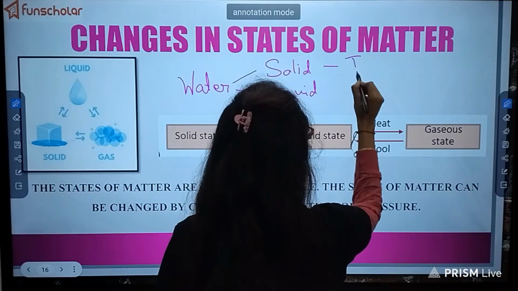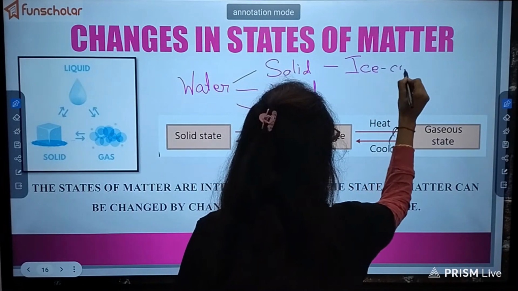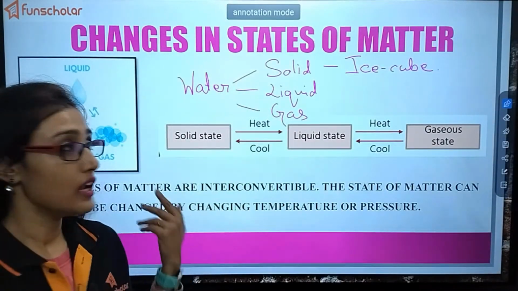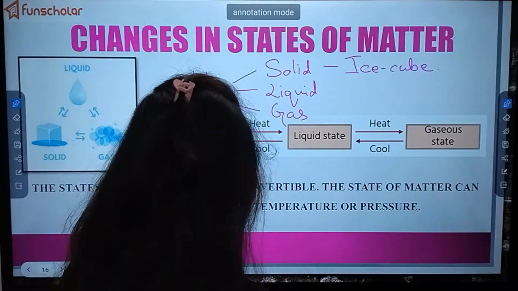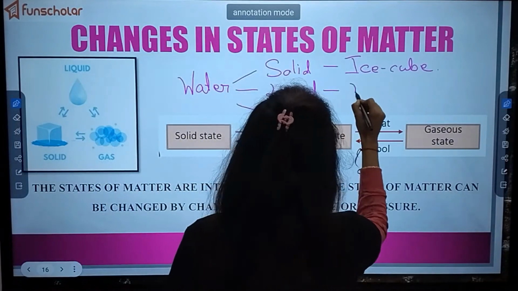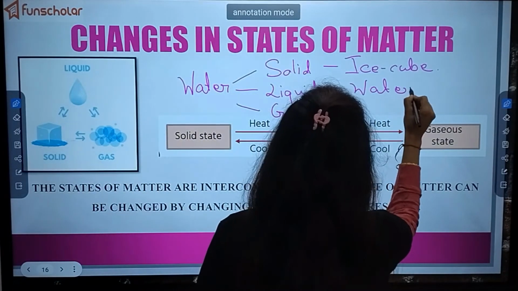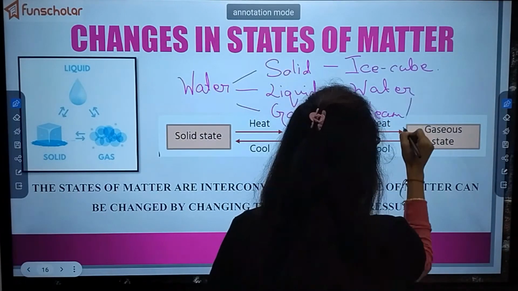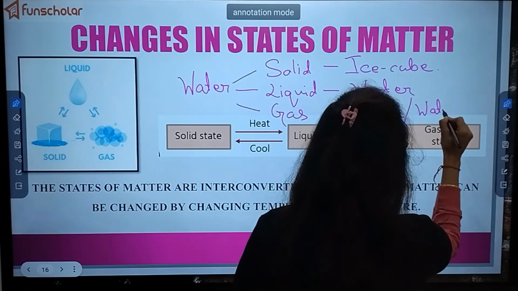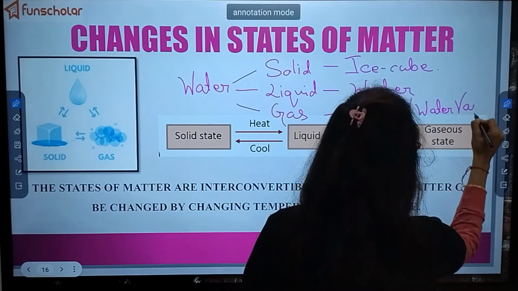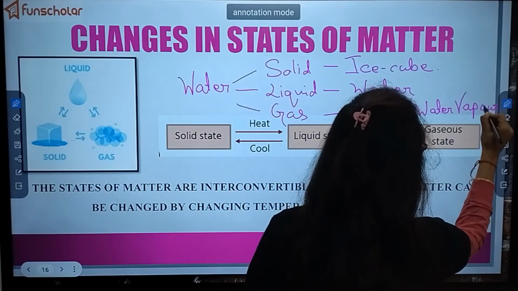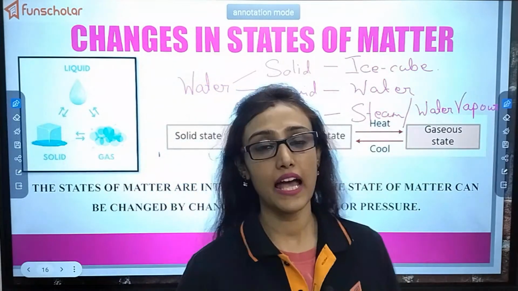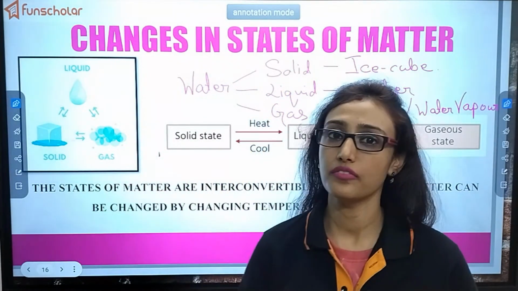You have seen ice cubes, right? That is the solid form of water. Liquid is water itself. And gas is steam or water vapor. So, water is the only substance that can be changed into different forms.